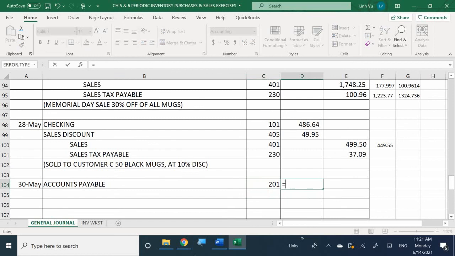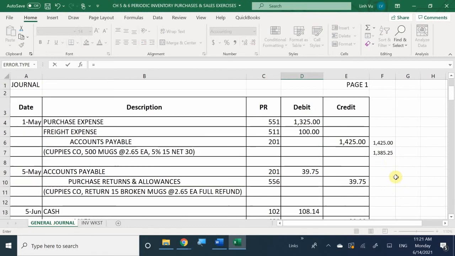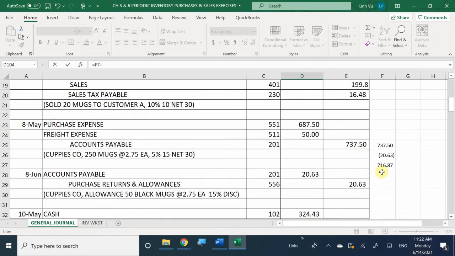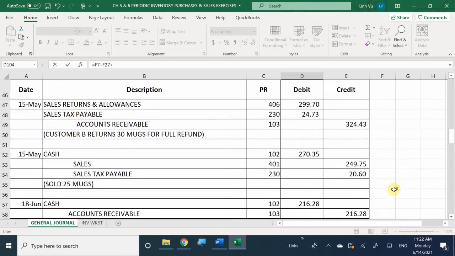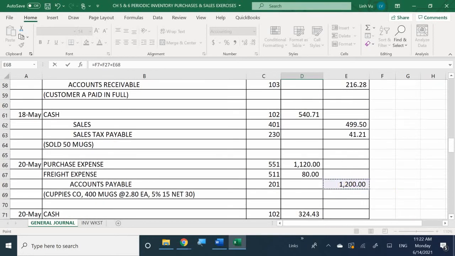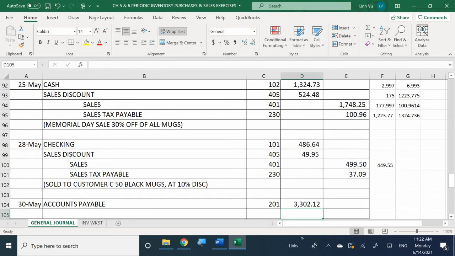My first bill was $13.85.25, my second bill was for $716.87, and of course, my last bill was for the $1,200. That is everything that I owe to Cuppy's Co. So in grand total, I owe a total of $3,302.12.